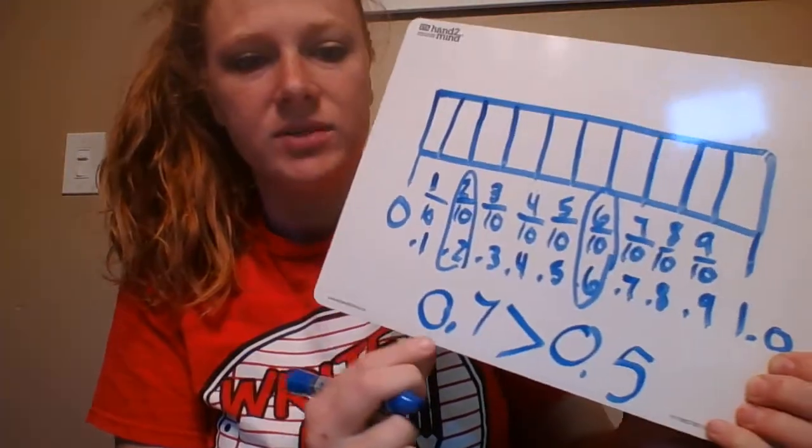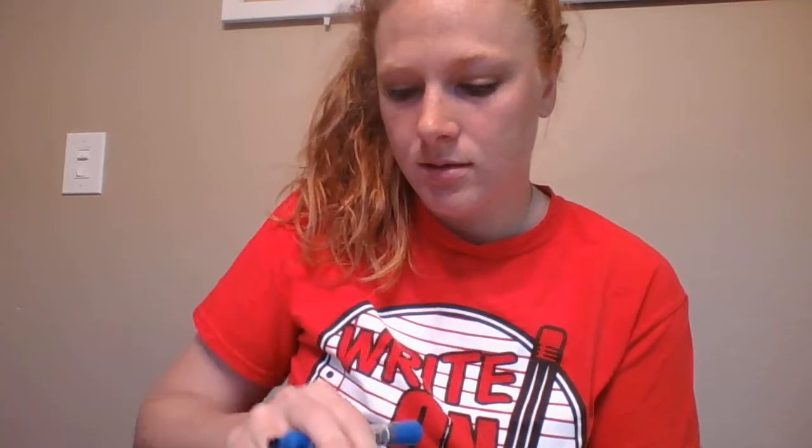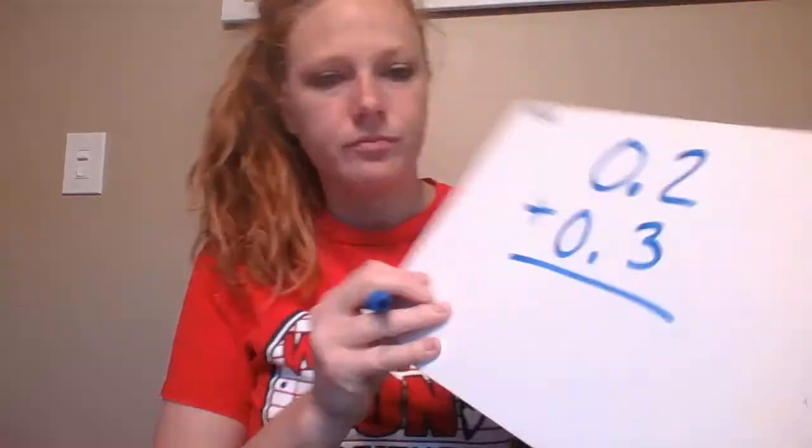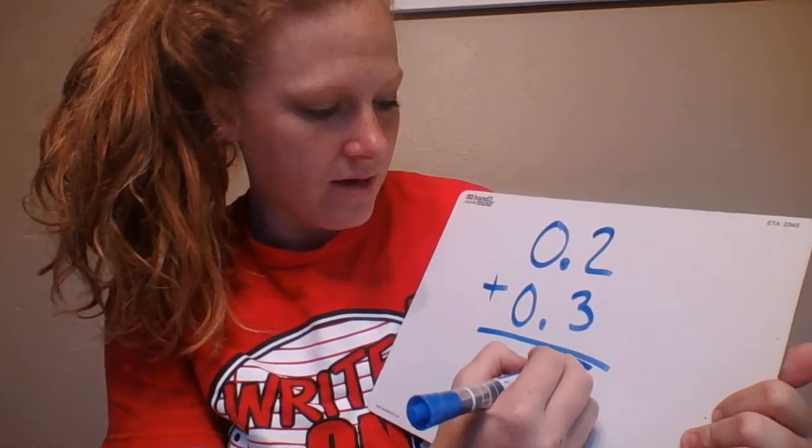All right, so now that we've done a little bit of comparison, next we are going to be adding decimals in the tenths place. So let's look at 0.2, so that's 2/10 plus 3/10. 2 plus 3 is 5.